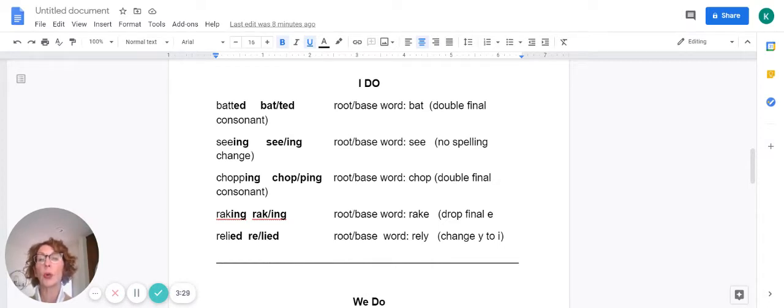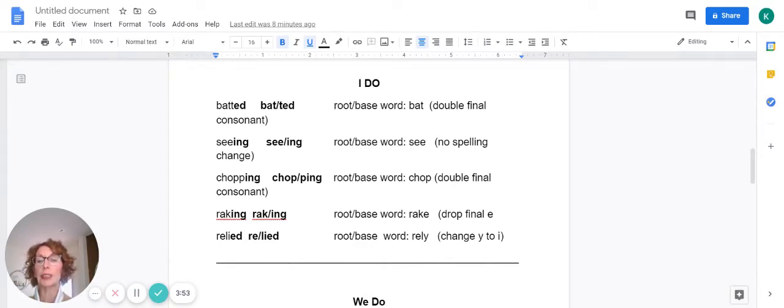All right, next word, raking. The root word is rake. We applied the drop the final e and add the inflectional ending ing. And again, there is a spelling change. So the syllable breaks would be ra-king.